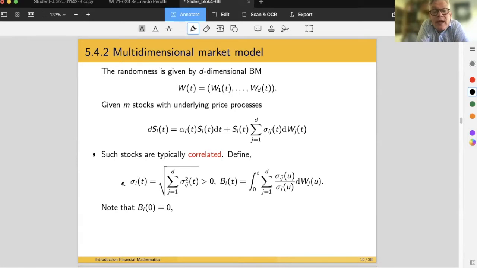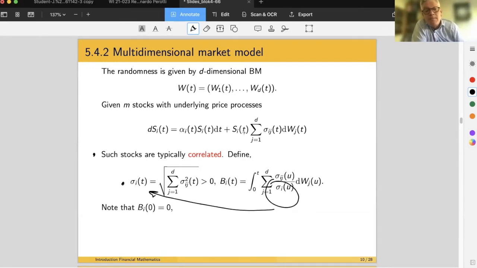And we will look at a modified process, process B_i(t), and that is the integral from 0 to t of the sum, j runs from 1 to d, of sigma_ij(u) divided by sigma_i(u), the sigma_i that we have just defined, times dW_j(u).